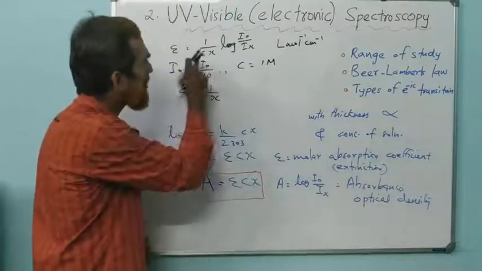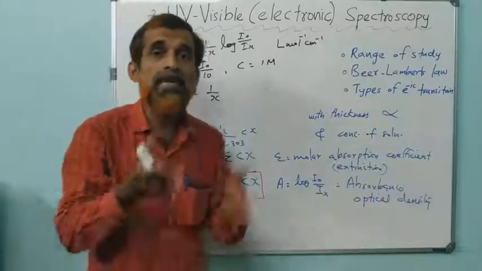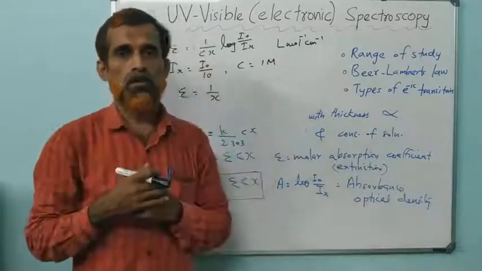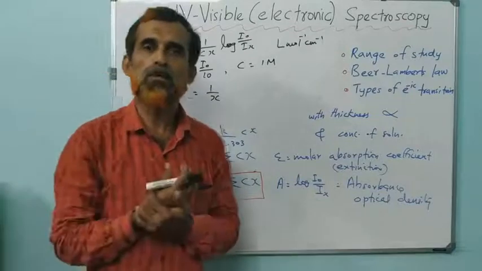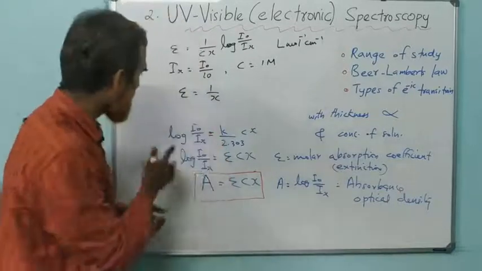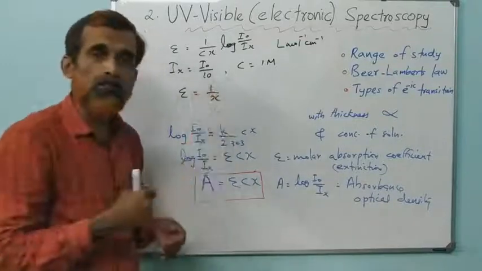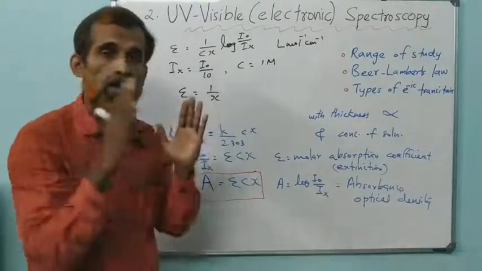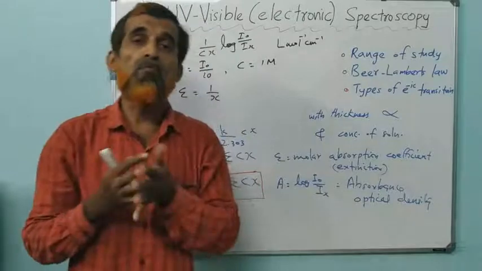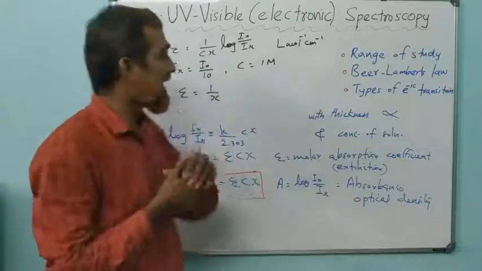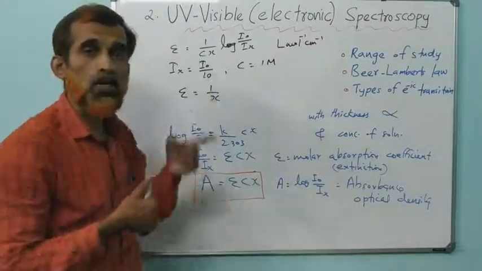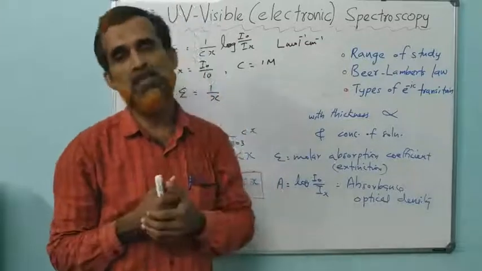Because Ix becomes I0 by 10. That means intensity is reduced to 1/10 of the original value. So I repeat, molar absorption coefficient is defined as the reciprocal of the thickness of a 1 molar solution, which reduces the intensity of the incident radiation to 1/10 of the original value.